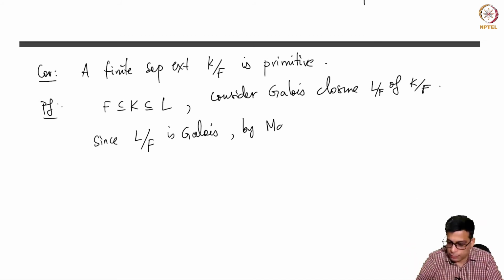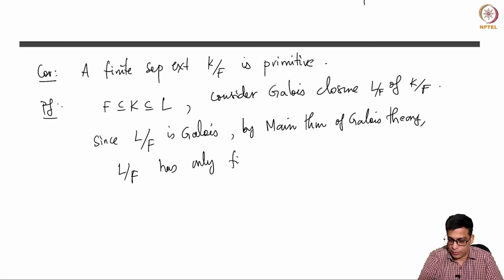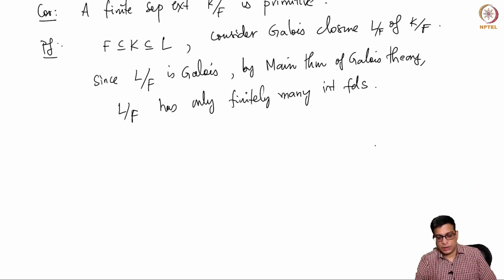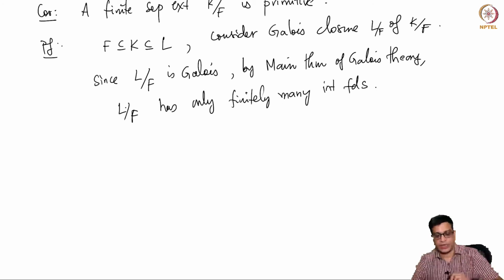Since L over F is Galois, by the main theorem of Galois theory, L has only finitely many intermediate fields, right? Because there is a bijection between intermediate fields of this Galois extension and the subgroups of the Galois group, which is a finite group.